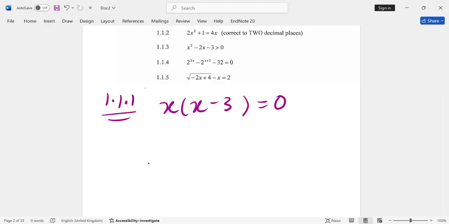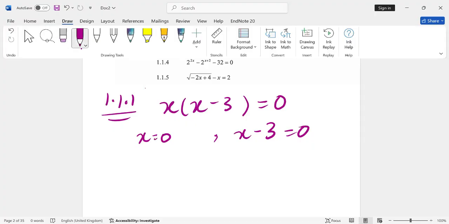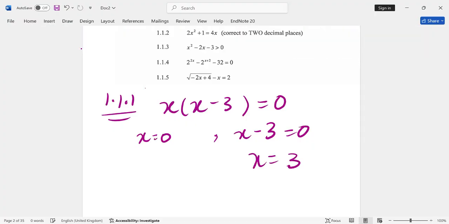So we write x equals to 0 and x minus 3 equals to 0. So we have x equals to 3. So the value of x we have x equals to 0 and x equals to 3.